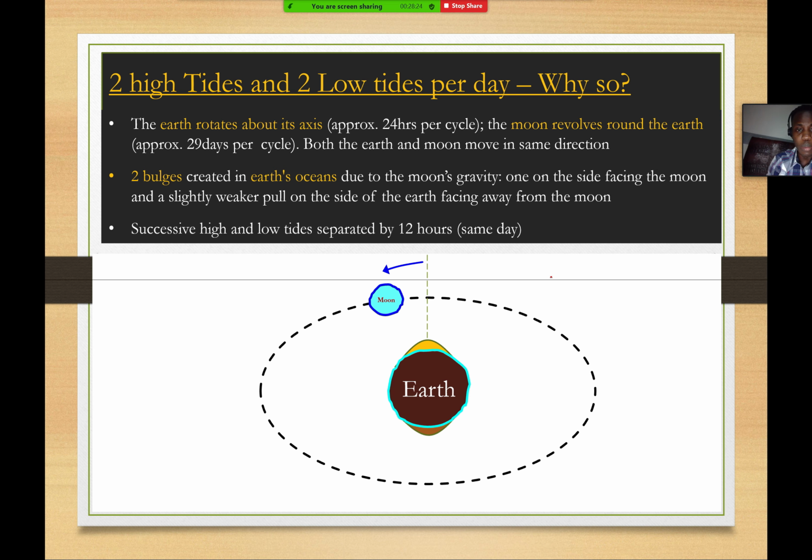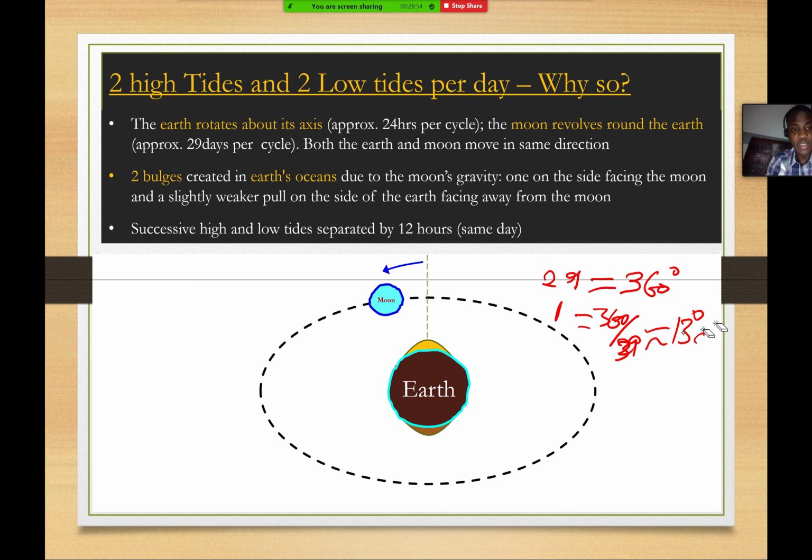It takes the Moon 29 days to make one complete revolution around the Earth, which is 360 degrees of coverage. So in one day, the Moon will have moved just 360 divided by 29, which is approximately 13 or 12.13 degrees.